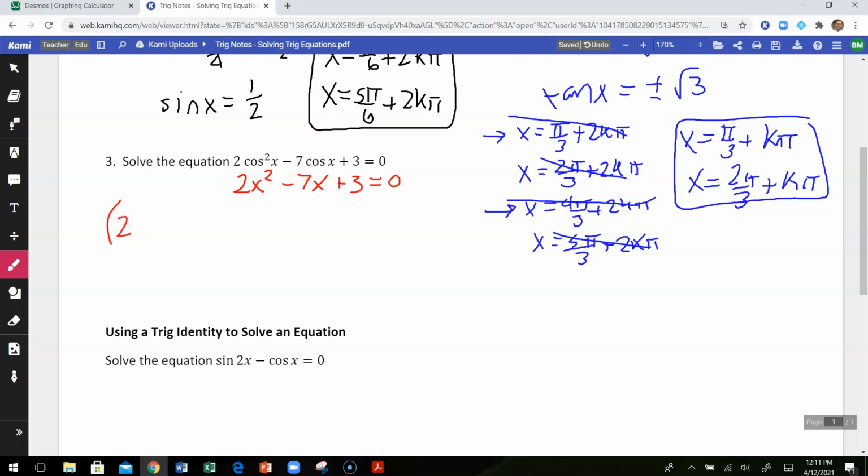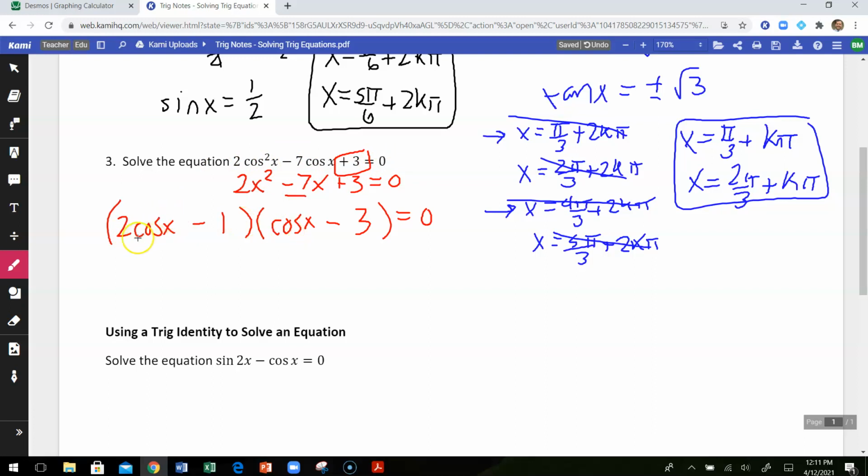Well, I would have 2 cosine x and cosine x as my lead terms in my factors. My last two terms have to multiply to 3, so I know one of them is going to be a 1 and the other one's going to be a 3, and they have to add to negative 7. So I'm going to make this the minus 3, and I'm going to make this the minus 1. And if you FOIL that out, you'll get the 2 cosine squared x minus 7 cosine x plus 3, right?